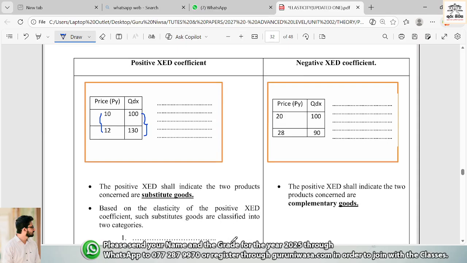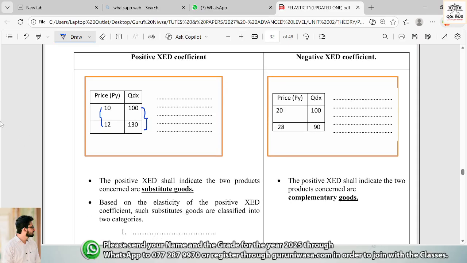Yes, positive. A positive XED shall indicate the two products concerned are substitute goods. Remember, these are substitutes. For the second one, it should be negative, not positive. Can you correct that point?